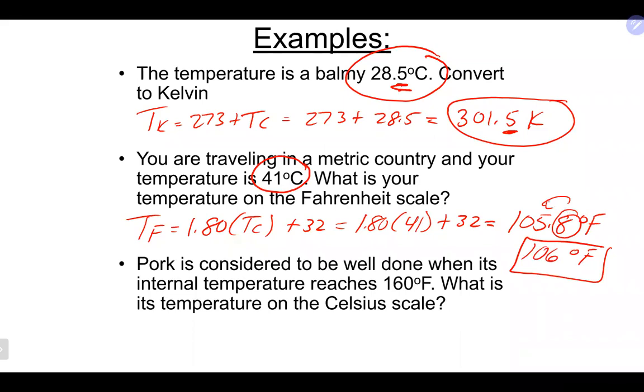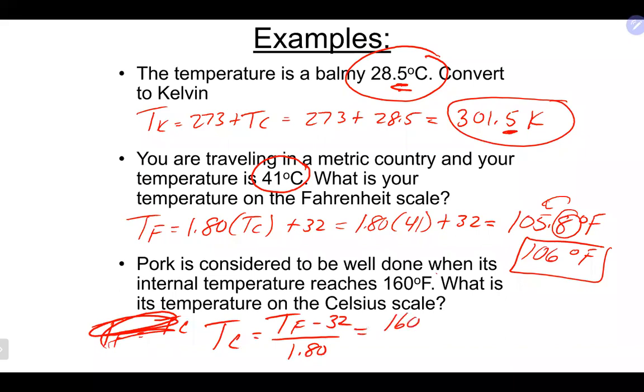Lastly, we are looking at Fahrenheit to Celsius. The temperature in Celsius is what we're looking for, so we do the opposite: the temperature in Fahrenheit minus 32, divided by 1.8.